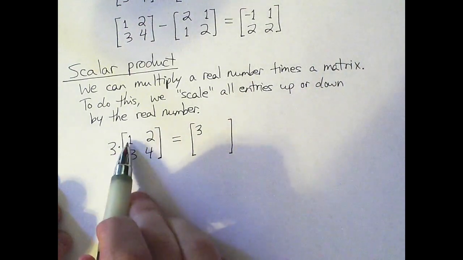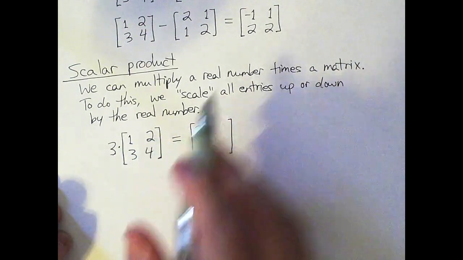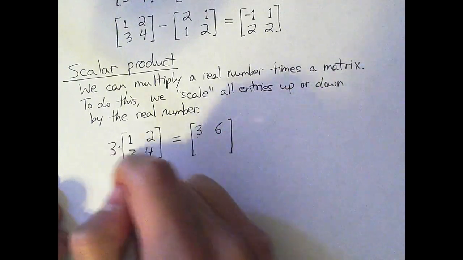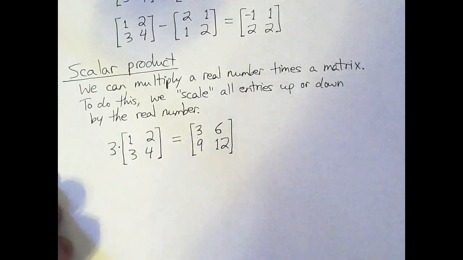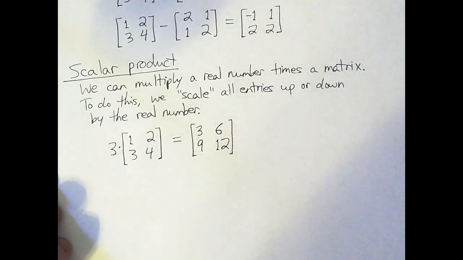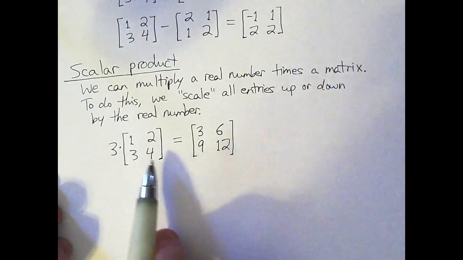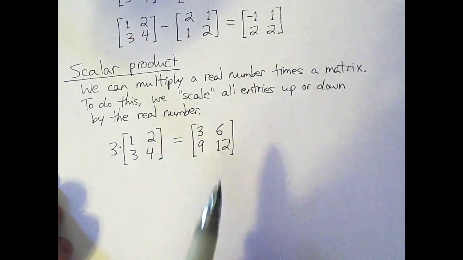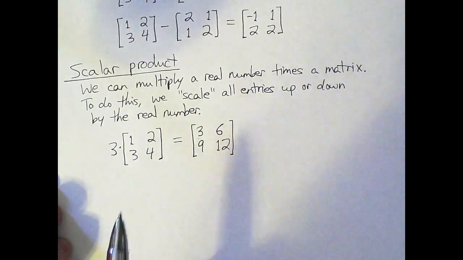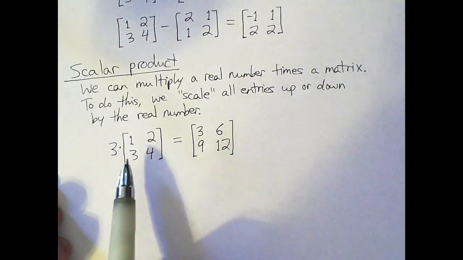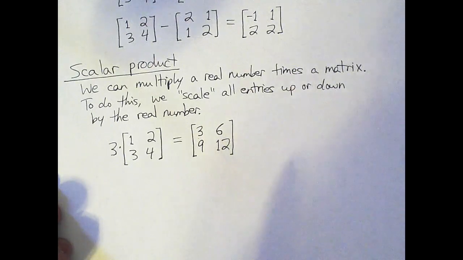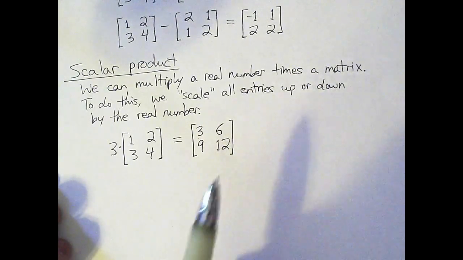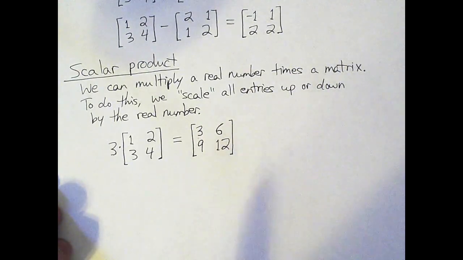So 3 times 1 is 3. 3 times 2 is 6. 3 times 3 is 9. 3 times 4 is 12. That's it. So the number out front gets multiplied by each entry, and we get a new matrix. It's the same size as the original matrix as far as dimension, but all the numbers have become bigger by a factor of 3. They're all 3 times bigger than what they were.